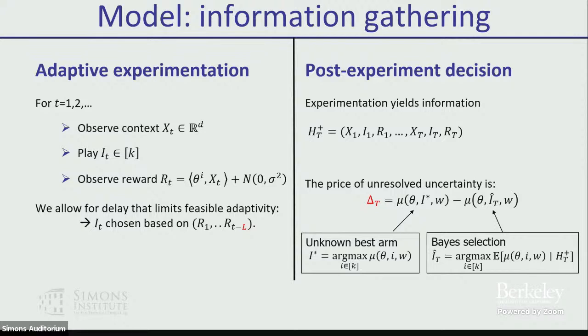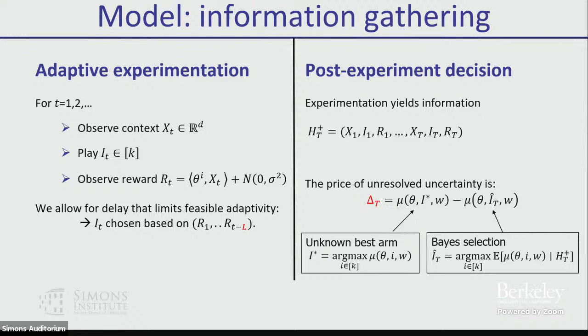Now, how do you use this information that you gather? At the end of the experiment, we're going to have a history, which summarizes everything that happened across capital T rounds. The price of unresolved uncertainty at the end of the experiment can be expressed through what Stefan Wager has called the utilitarian regret.